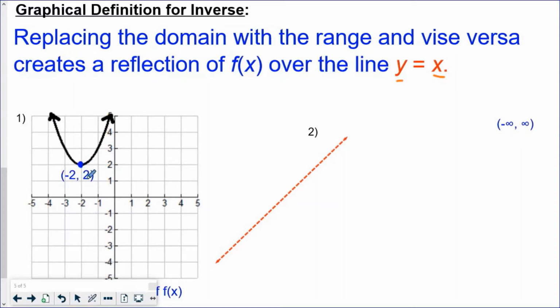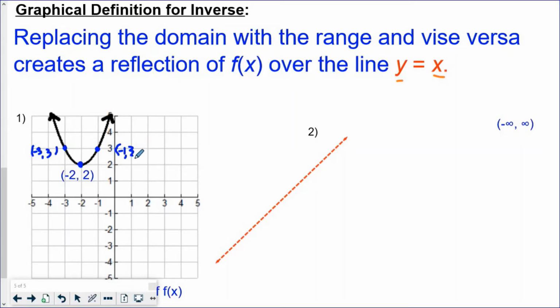I have a point here at (-2, 2), which is its vertex or minimum. I'm going to come up with some other points to help me denote the function, because a graph is simply a list of points that are produced from inputs and outputs. And if they give me the graph, I can easily denote them by just looking at the graph. So (-1, 3).